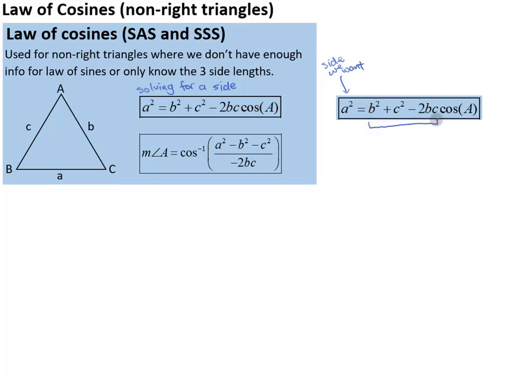Then everything in the middle here, B squared, C squared, negative 2BC, all of this has to do with the other two sides. So we have to know the other two sides here. And then it's times the cosine of angle A, and A is the angle opposite the side we want.